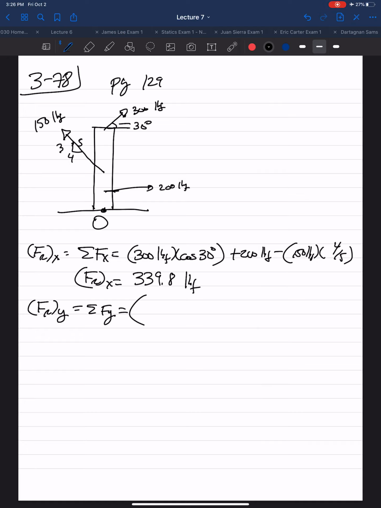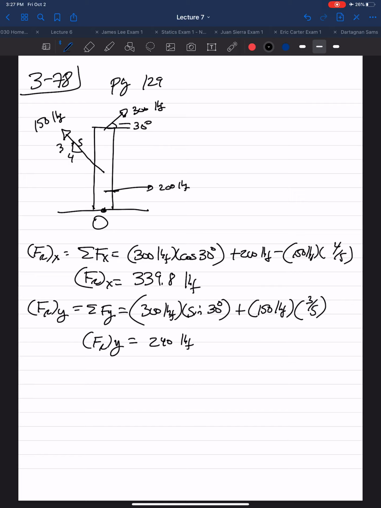So the sum of forces in the y direction, we have the 300-pound force times the sine of 30 degrees plus the 150-pound force times the 3/5 leg ratio. 240 pounds force.